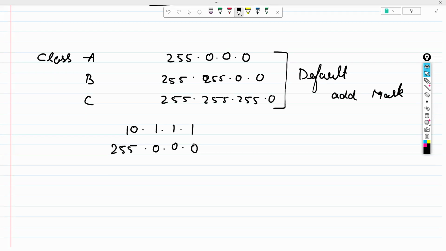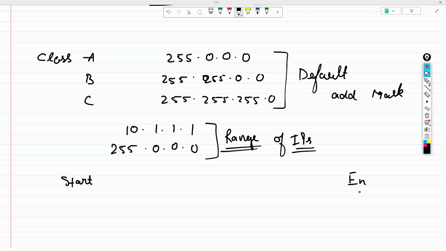Whenever a network engineer sees such an IP address, he should be able to calculate the range of IP addresses that comes with this IP address. We should be able to find out the range of IPs. Range meaning what is the start of this IP address range, where does it start from, and where does this IP address range end?